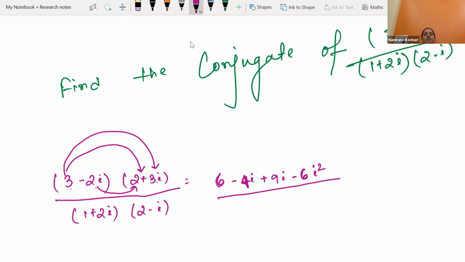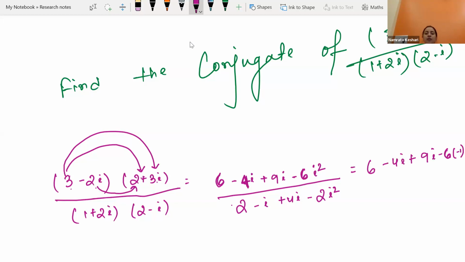Yes, ma'am. Okay, 1 will get multiplied with 2, 1 will get multiplied with minus i, 2i with 2 is 4i, and 2i with minus i, minus 2i square. Numerator is 6 minus 4i plus 9i minus 6i square.